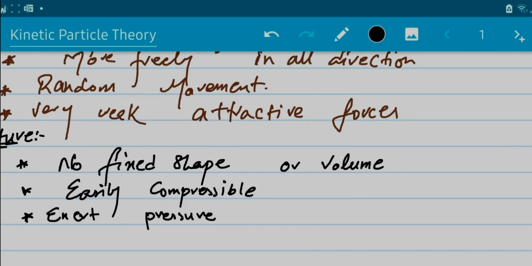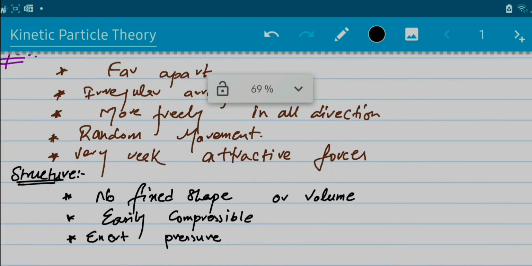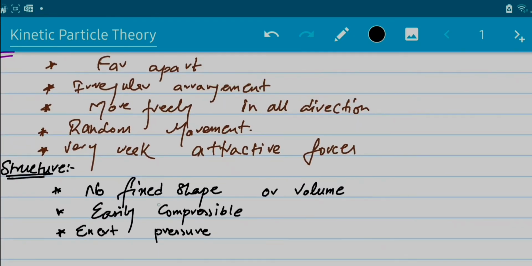These properties define the structure of gas particles: they have no fixed shape or volume, as we know, and they are easily compressible. For instance, an LPG cylinder has compressed gas in it, which is evidence that it is easily compressible. Eventually they exert pressure because they are moving freely in all directions.